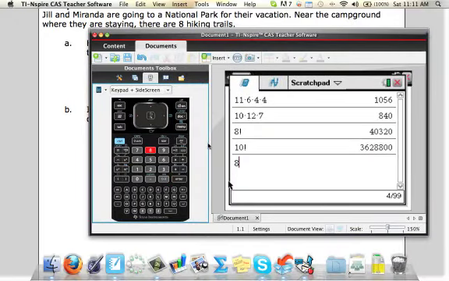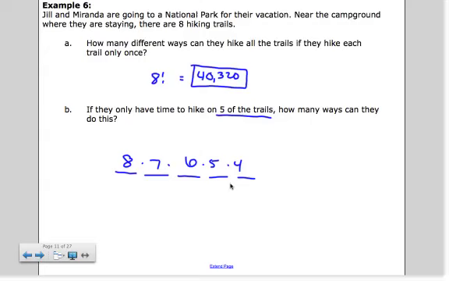And that's 6,720. 6,720 ways that they can go down the trails if they only get to choose 5.